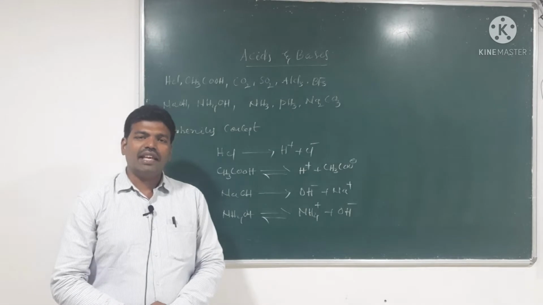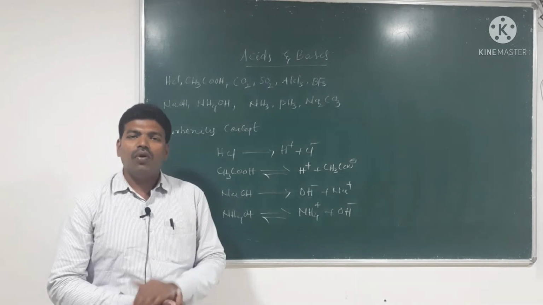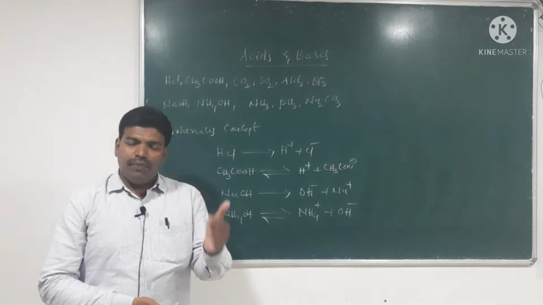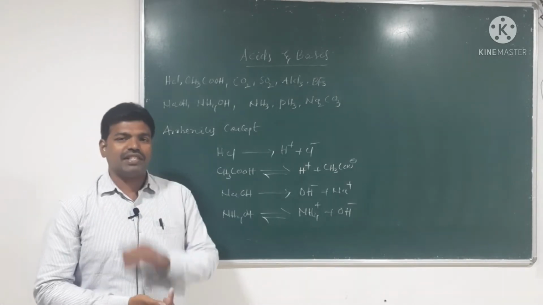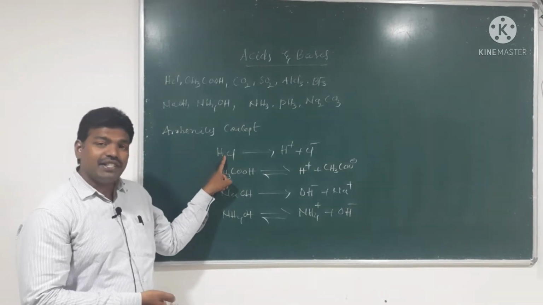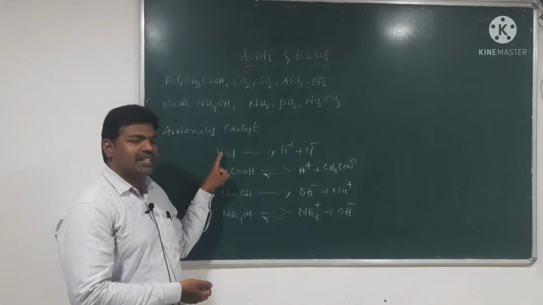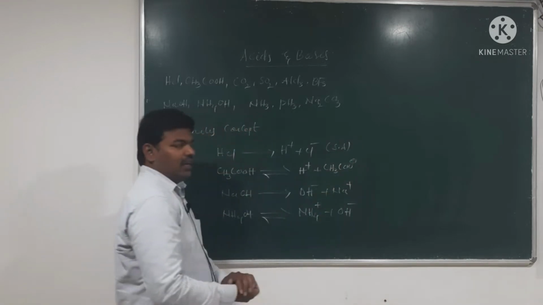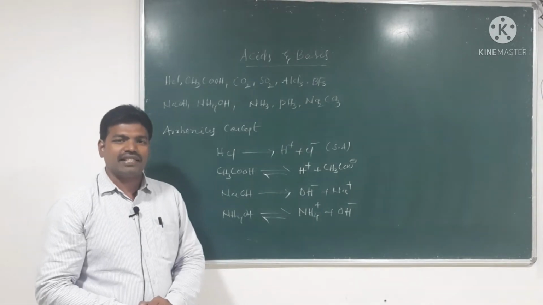And the strength of the acid or base depends upon its tendency to furnish protons, that is H plus ions or OH minus ions, in the aqueous solution. That means HCl has a greater tendency to furnish H plus ions. That's why Arrhenius regarded HCl as a strong acid. And acetic acid has a lesser tendency to furnish H plus ions.